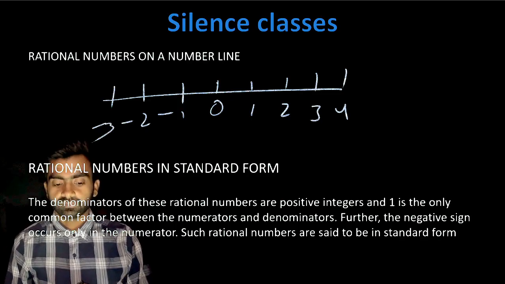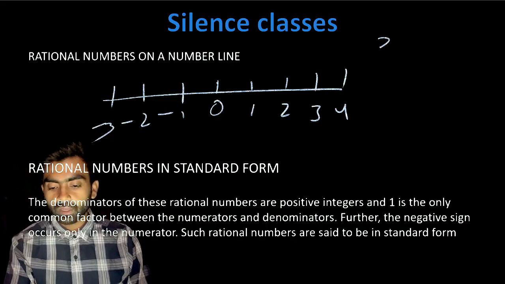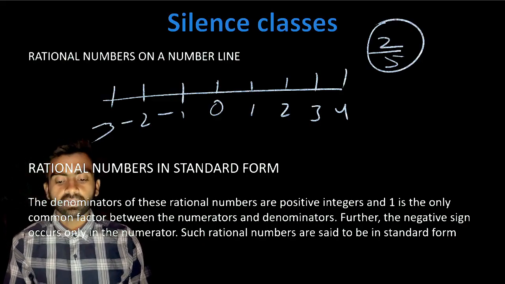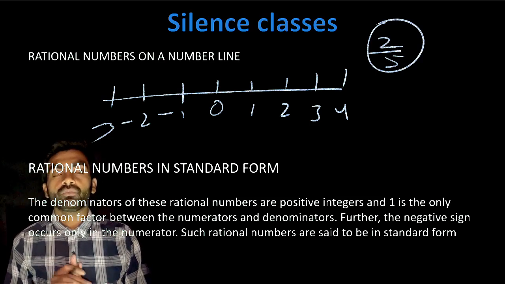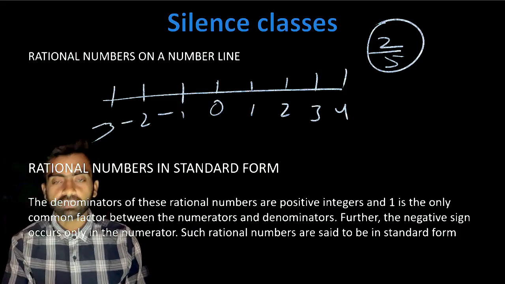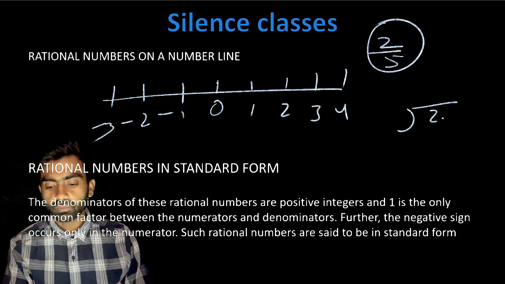Now if I have to place 2 upon 5 here on the number line, what do we have to do? First of all, we have to divide 2 by 5.